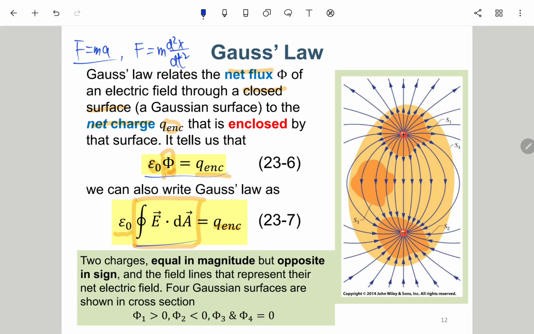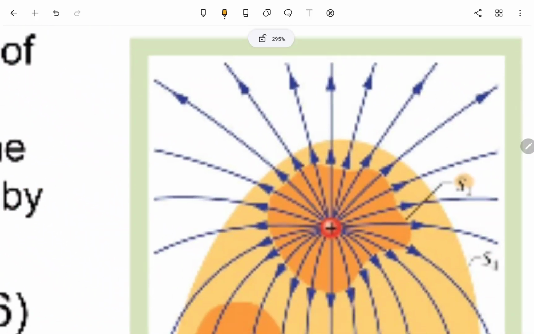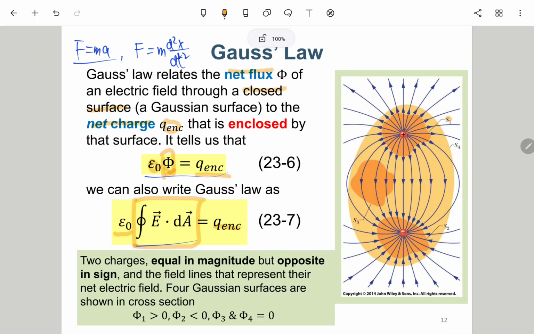Okay, so let's go back. How do we understand it? Here we have several cases to consider. First of all, let's consider this S1. Of course, in this big figure, there are two charges.